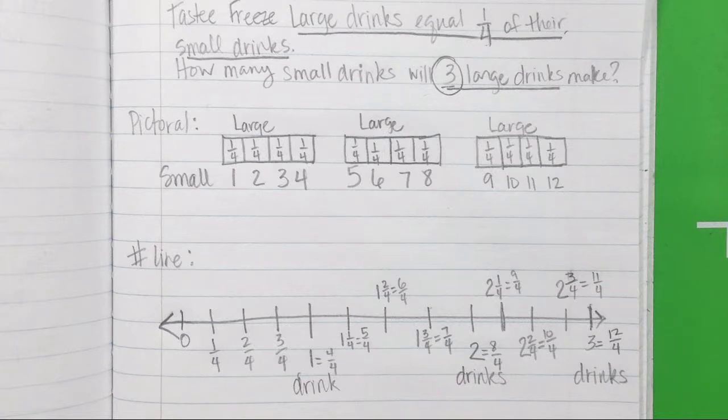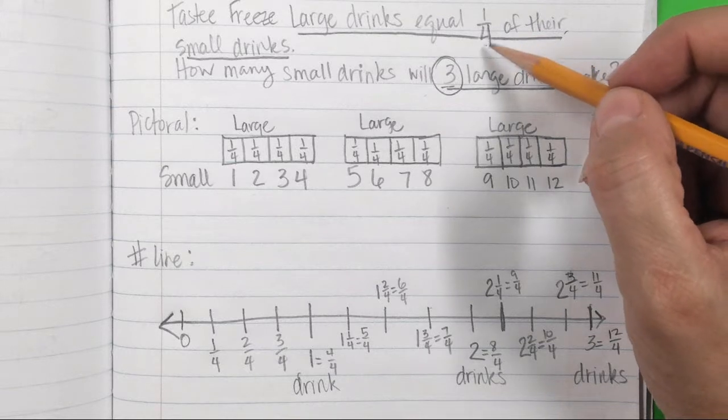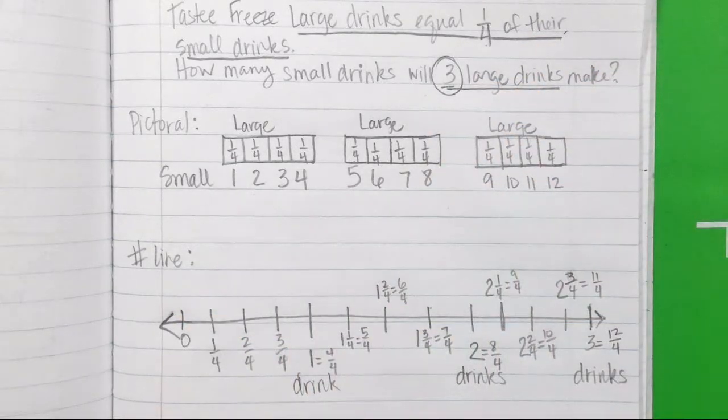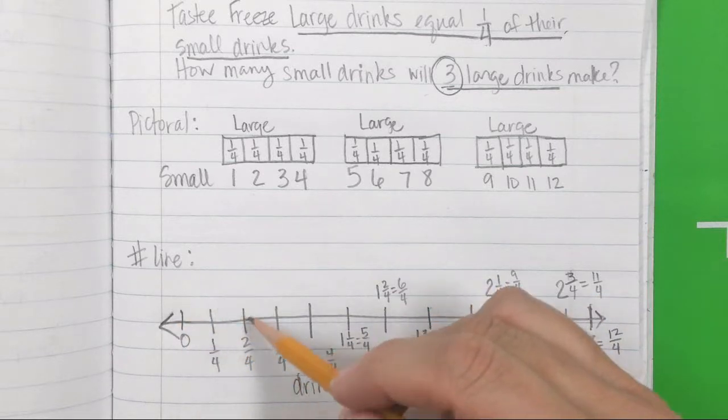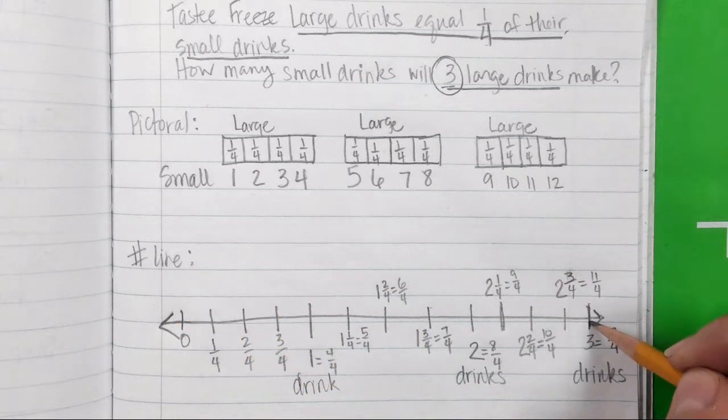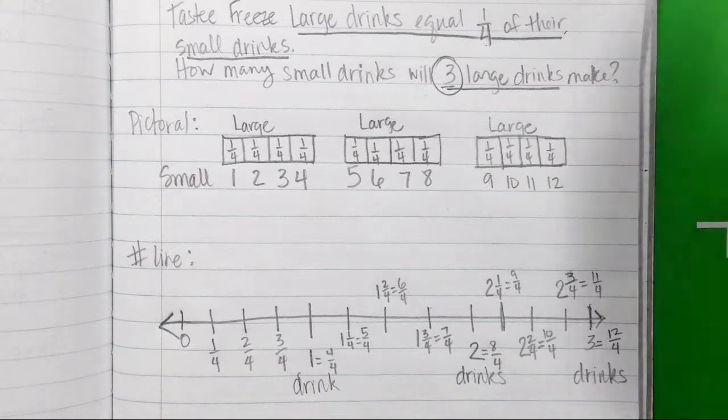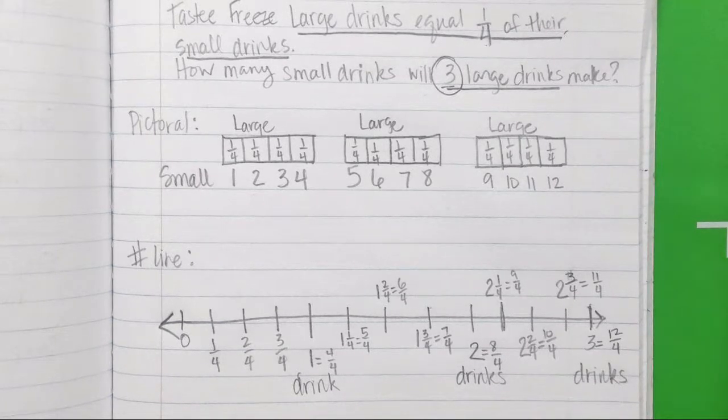Good job. All right. So now, we got to do some jumping, okay? So these drinks, right? I got to figure out how many drinks I'm going to make, right? All right. So I've got to jump 1/4 till I make it to 3, right? Everybody agree with that? All right. Good job.